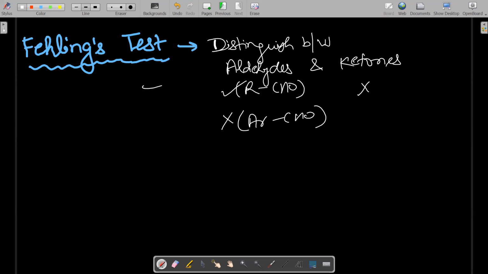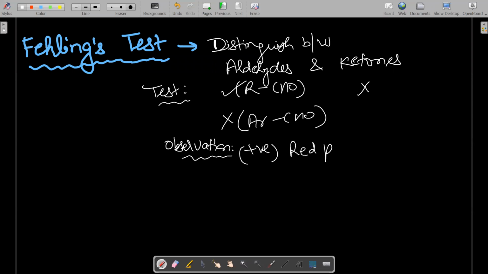First you write the test, then you write the observation. For a positive test, the observation is that it forms an orange-red precipitate, a red precipitate. And then after that you write the reaction.